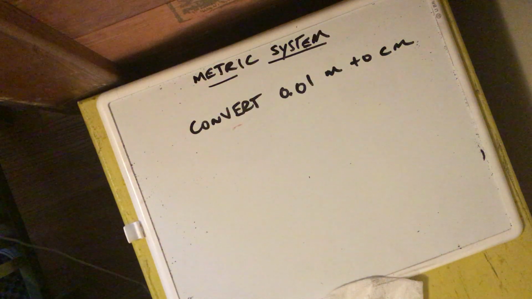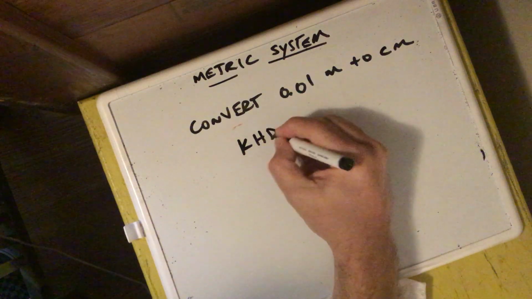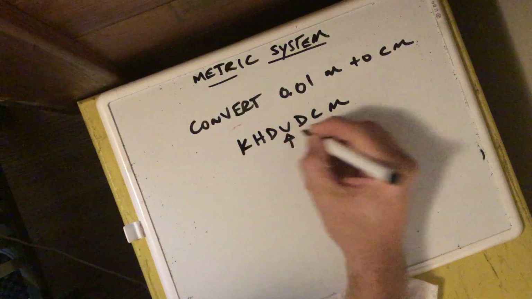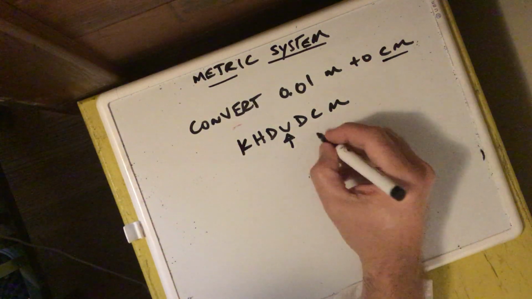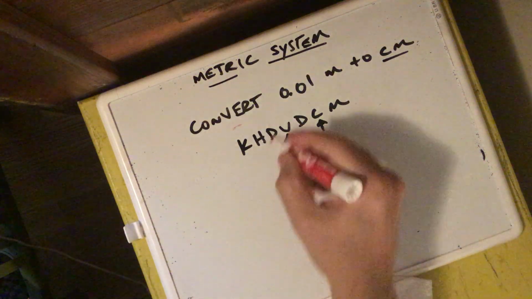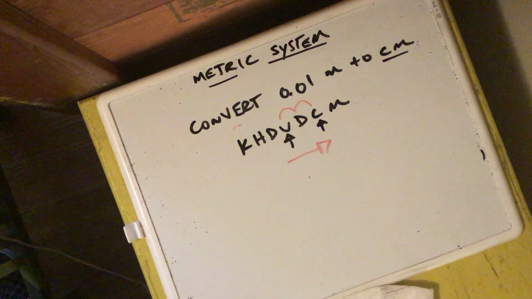So if we're starting with 0.01 meters, King Henry doesn't usually drink chocolate milk. Once again, we're starting with a base unit. We're trying to get to centimeters, which is here. So that's 2 letters over to the right. So that means we move the decimal point 2 spaces to the right to get the answer.